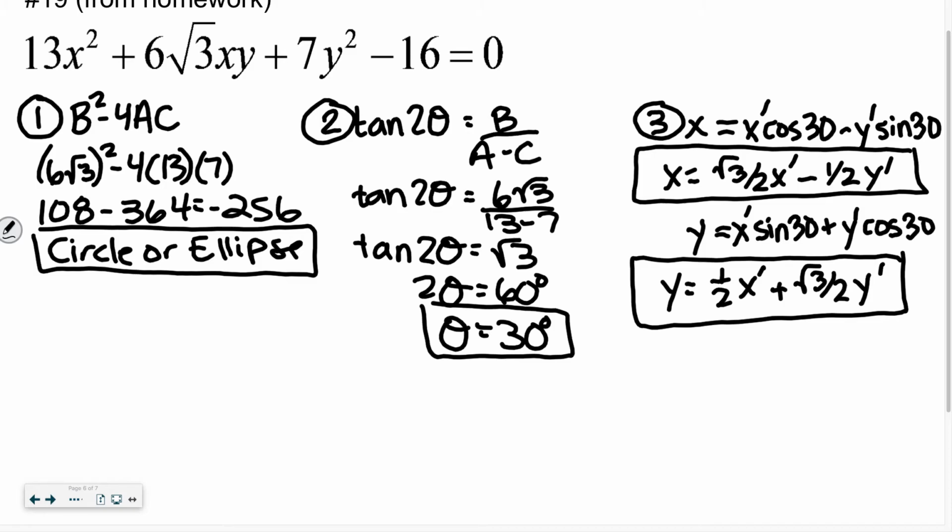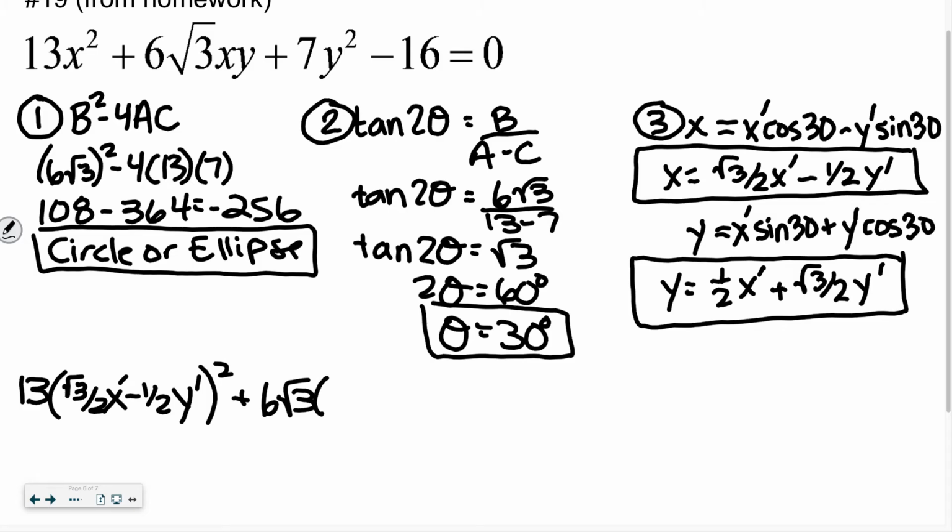So I'm going to squeeze it in one line. 13 times square root 3 over 2 x prime minus 1/2 y prime quantity squared, plus 6 square root 3 times the square root of 3 over 2 x prime minus 1/2 y prime times 1/2 x prime plus square root 3 over 2 y prime.